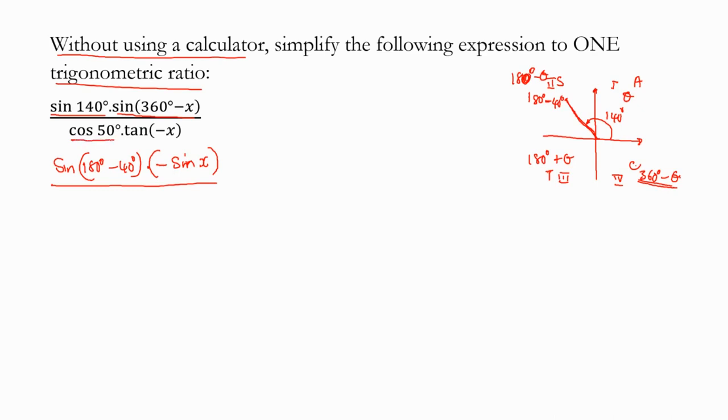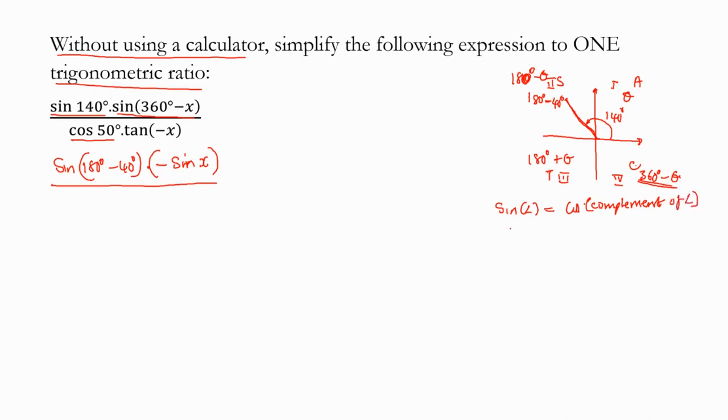Let's look at cos 50. If we check here at the top, we have 40 degrees, and remember that sine of angle is equal to cos of the complement of the angle. Remember complementary angles.